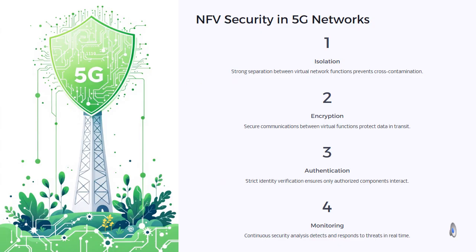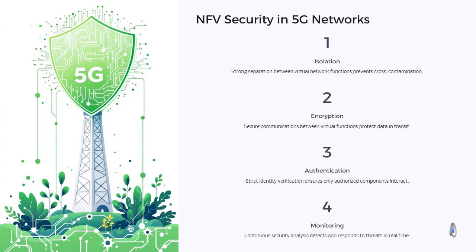With NFV, security becomes more complex because virtualized environments introduce new attack surfaces. Here's how NFV helps secure 5G networks. Isolation. Virtual network functions, VNFs, operate in separate virtual environments, preventing attacks from spreading. Encryption. Secure communication protocols ensure that data moving between VNFs remains protected.